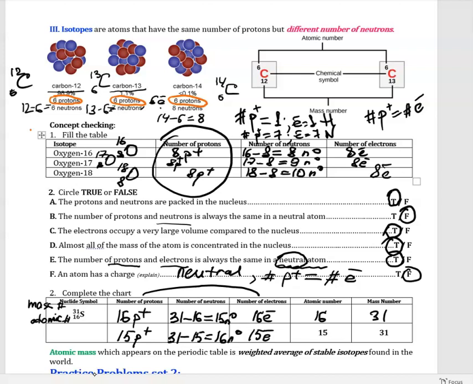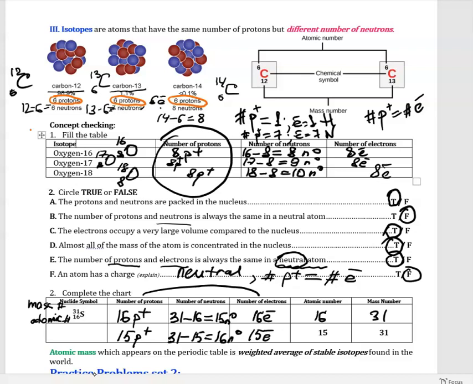And I have a question. So these elements, the first one and the second one, are they isotopes? Let's read again the definition. Isotopes are atoms that have the same number of protons but a different number of neutrons. The number of neutrons is different, yes. But do they have the same number of protons?